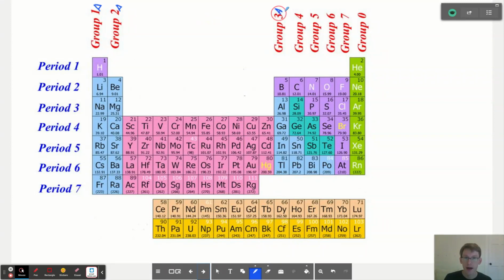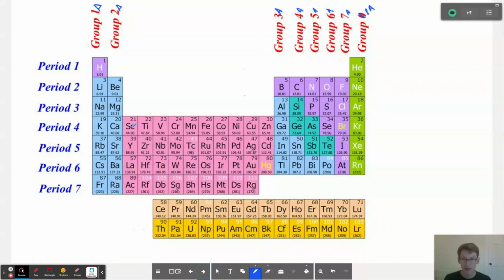All of these main groups, you can put A's after them. Some periodic tables will number all the groups. This should actually be 8A, not 0. So that's an 8 there. Sometimes you'll see group 1, 2, and then it goes here 3, 4, 5, 6, 7, 8, 9, 10, 11, 12, and then 13 with boron, 14, 15, 16, 17, and 18.